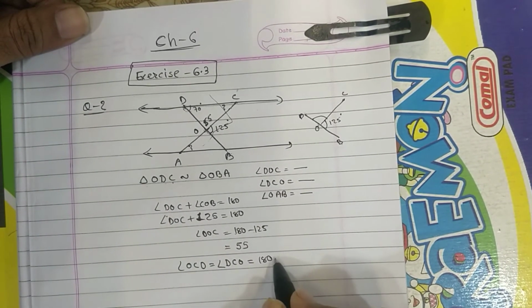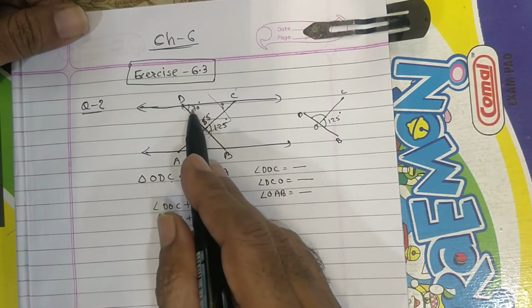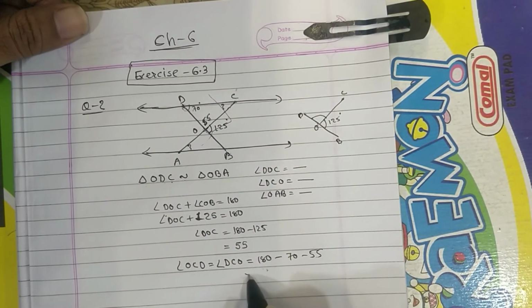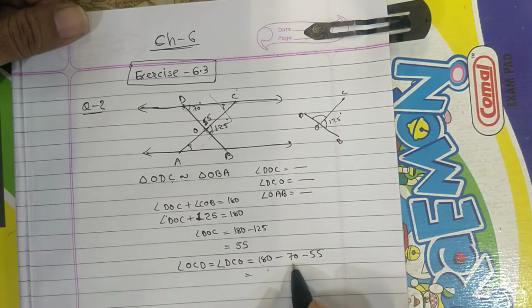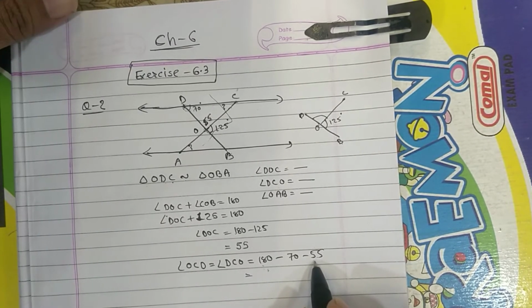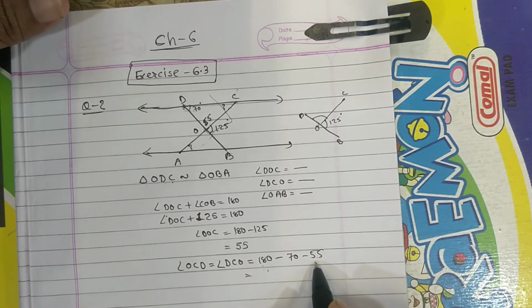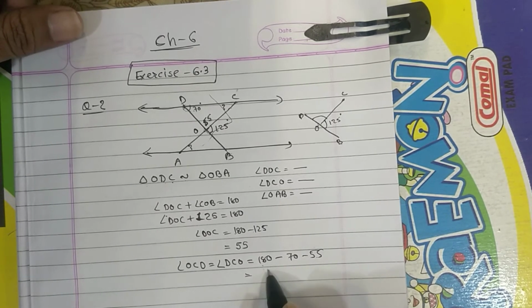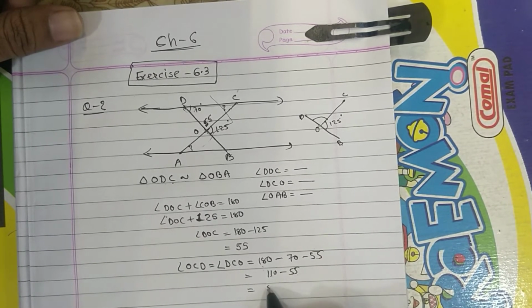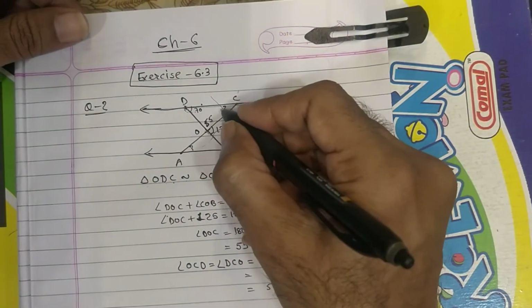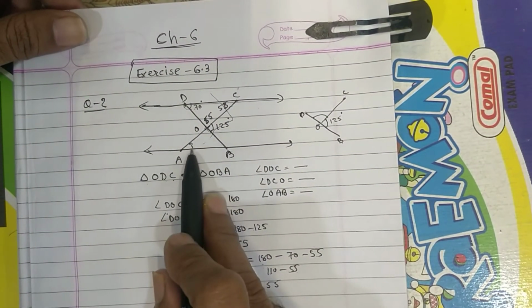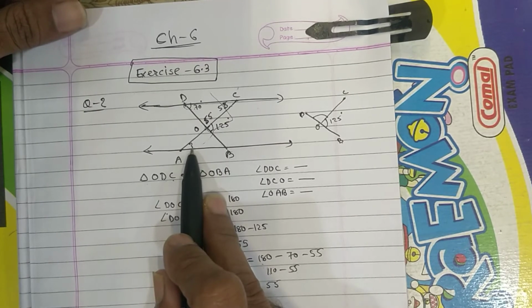So 180 minus this and this. So 180 minus 70 and 55. 180 minus 70 is 110. 110 minus 55. 55 is half of 110. So from this subtraction, answer should be 55.